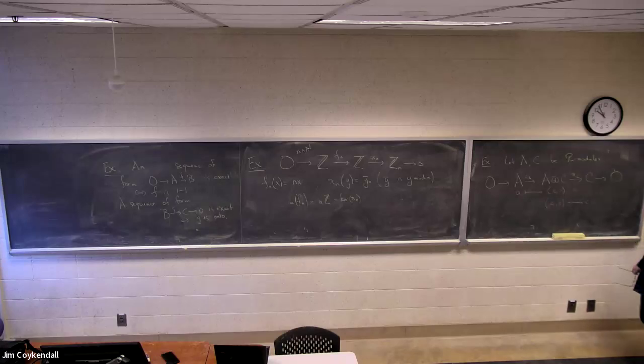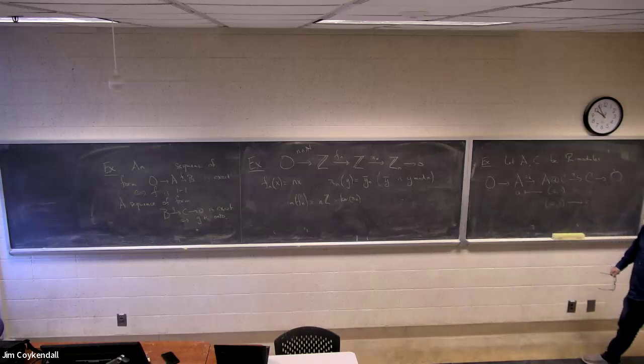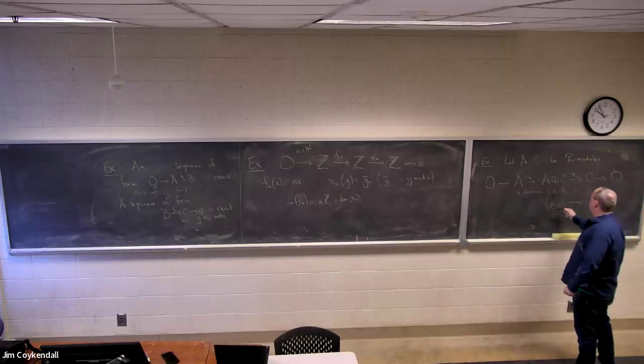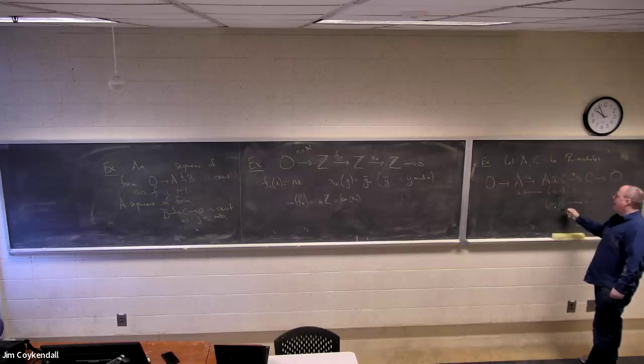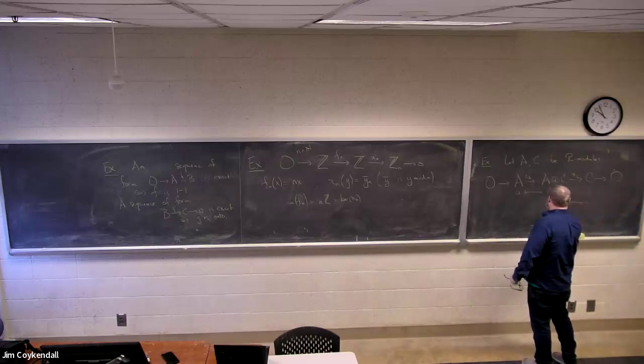Notice clearly the first map is 1-to-1, and the second map is onto. What is the image of this? It is everything in the form (a, 0), which is precisely the kernel of the next map. So this is a short exact sequence.